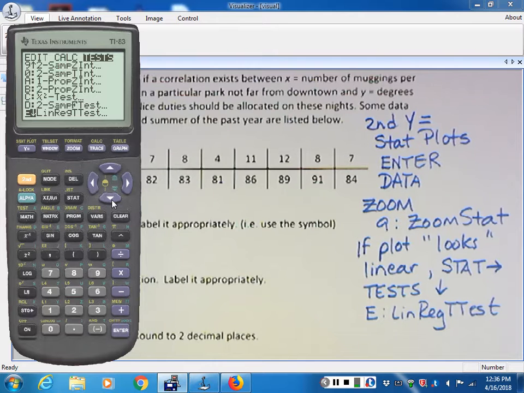Yours may be F. If you've got an 84, it's probably on F. And your next screen may look just a little bit different too. I'm using the 83, but the 84 has the same option, it's just a little further down the list probably.